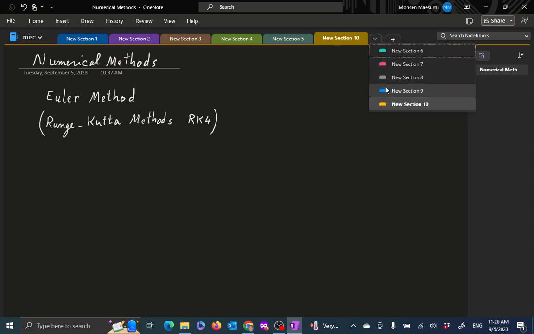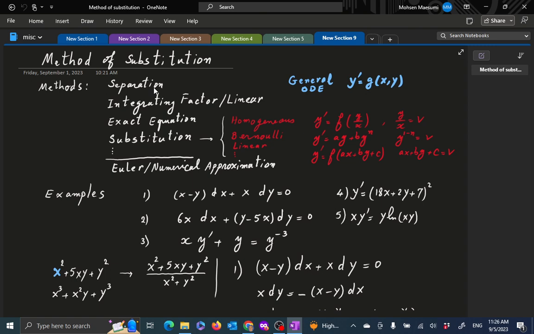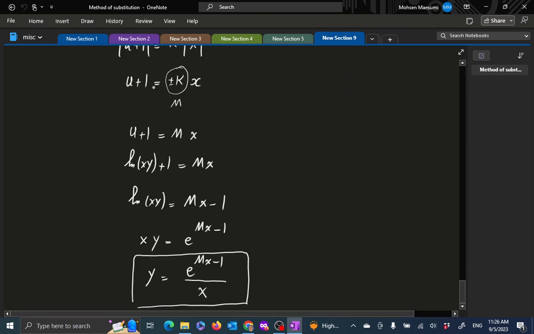You remember in the last section we had a list of methods such as separation, integrating factor, exact equation, substitution, and so on. We went through some of these things. For substitution we mentioned several of them.